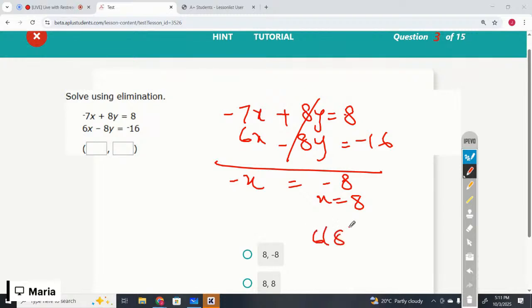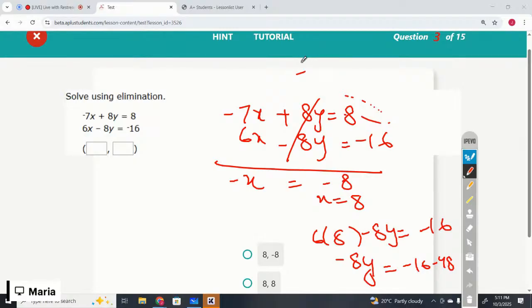6 times 8 minus 8 times y equals negative 16. 8 times 6 is 48. Negative 16 minus 48 is negative 64. So negative 8y equals negative 64. So y equals 8.